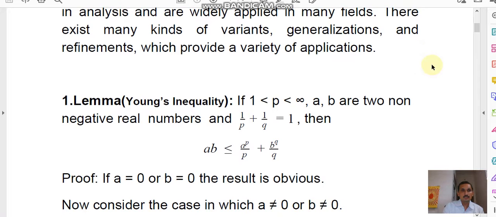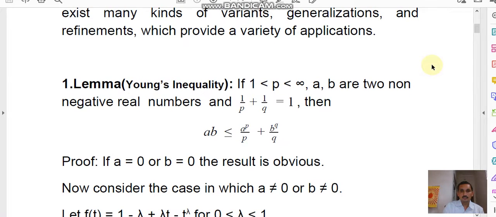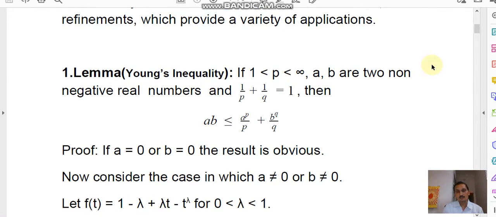पहली इनइक्वलिटी है यंग्स इनइक्वलिटी, and this we call as lemma. तो लेमा जो है इसमें हम इस तरह से ले रहे हैं कि a and b are two non-negative real numbers and 1/p + 1/q = 1, where p lies between 1 to infinity, then ab is less than or equal to a^p upon p plus b^q upon q.